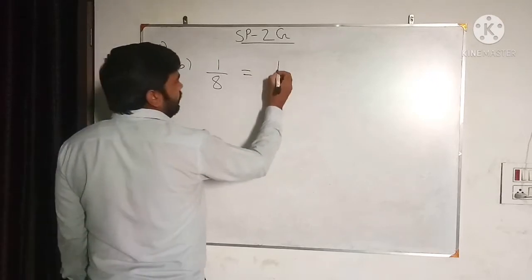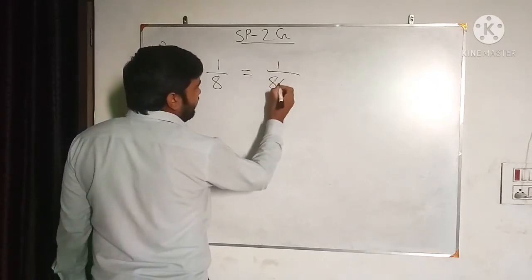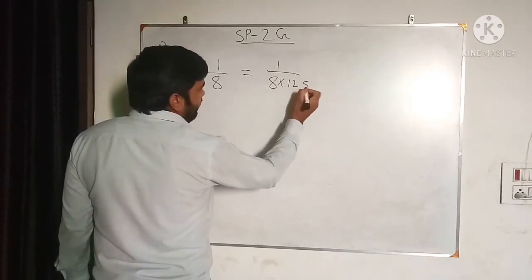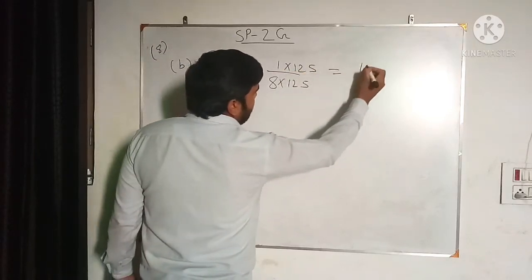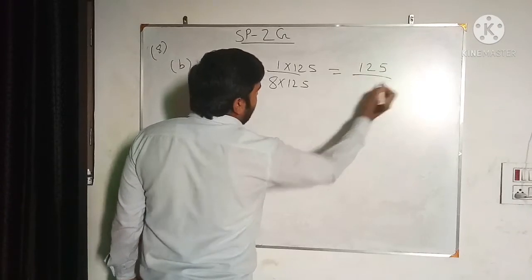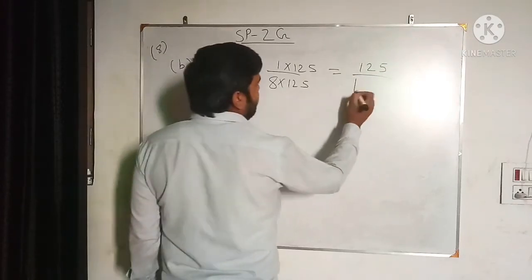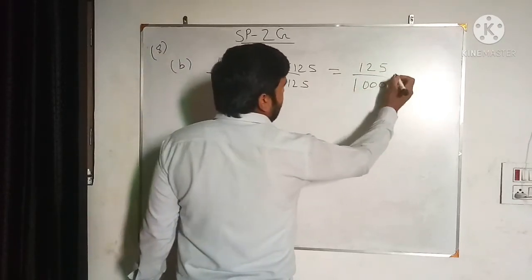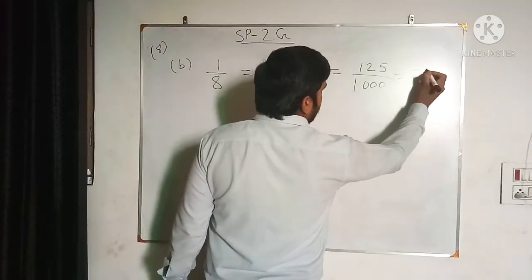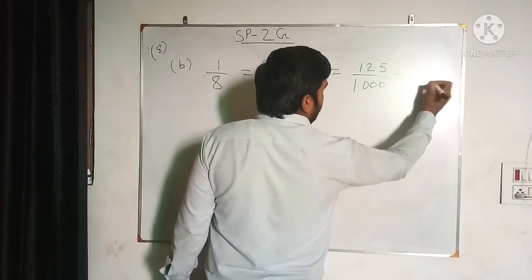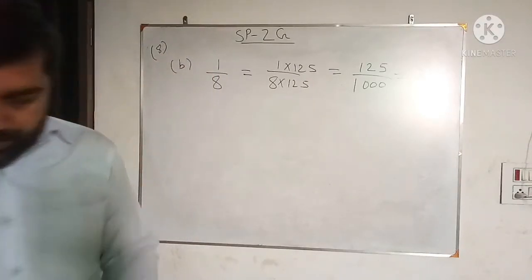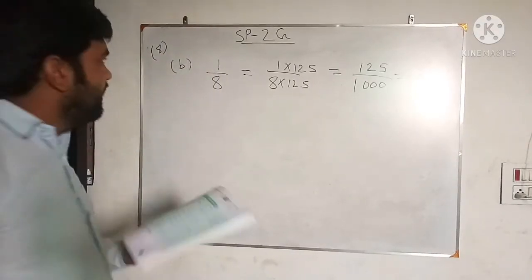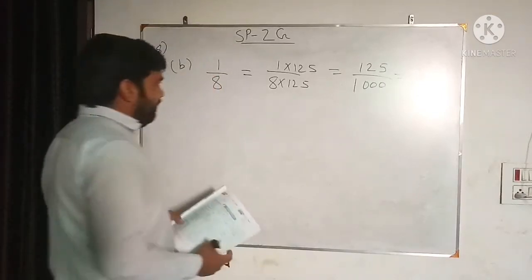So we multiply by 125, the numerator also by 125. 8 times 125 gives you 1000, so it becomes 0.125. Multiply with such a number which makes it a multiple of 10.